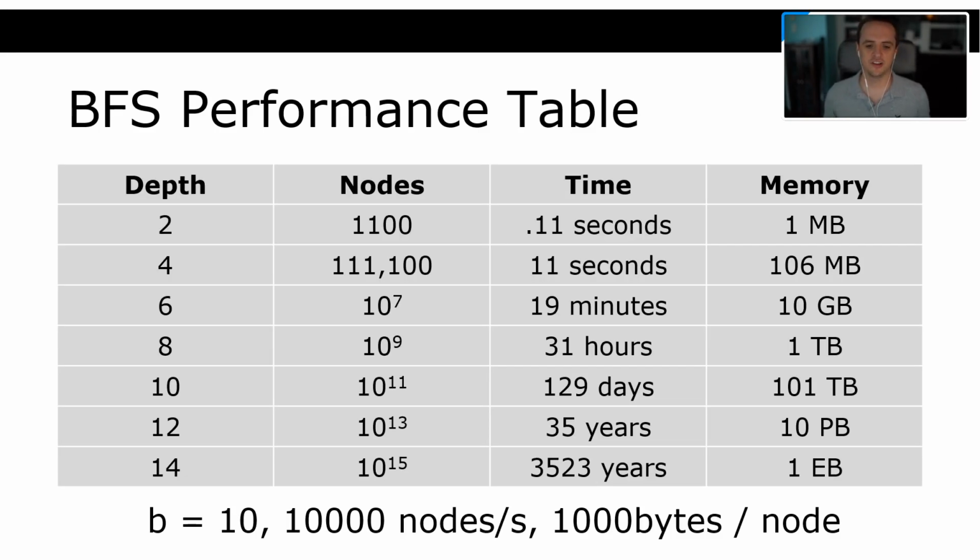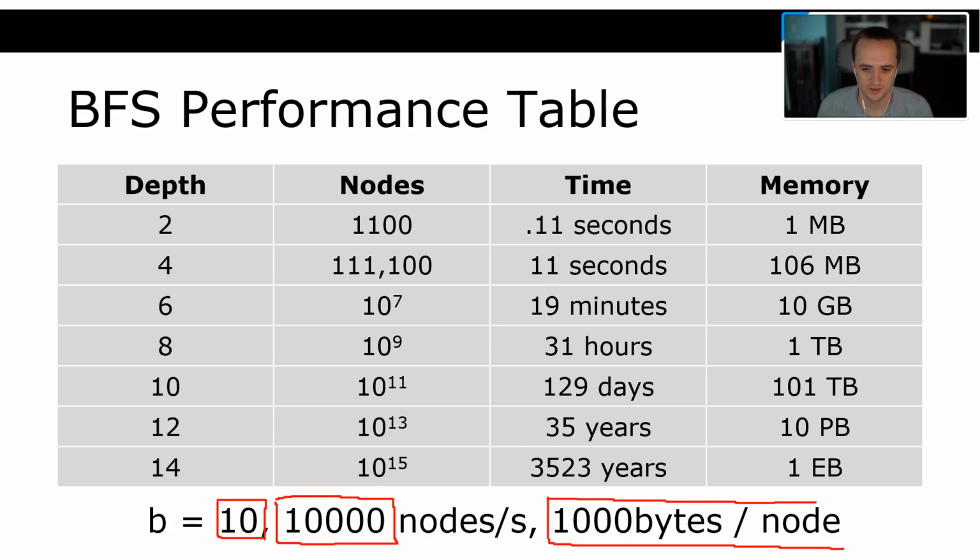So here's just an example of some of the breadth first search performance, okay? If we have a branching factor of size 10, right? Let's say we can do 10,000 nodes per second, and we have 1 kilobyte per node. So pretty typical problem.